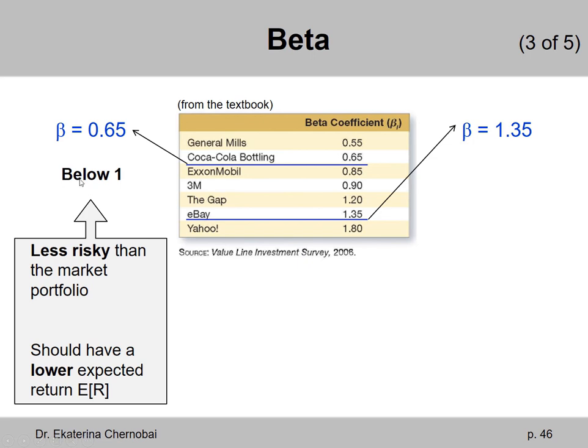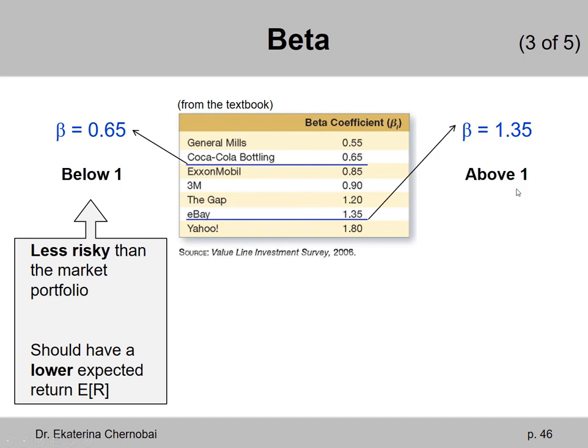And because of the systematic risk principle, we're going to say that it's less risky, when by risk we only focus on the fluctuations in returns that we have no control over. Less risky than the market portfolio. And because of that, it should have a lower expected return than the market portfolio or than an average stock in the economy. eBay's beta is 1.35.